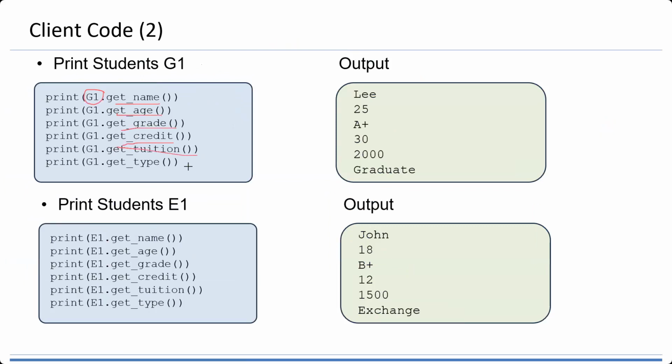When you want to know the information of the exchange student E1, you can call the object and then call the method. Okay, then you can get the output like this one. So let me check the Google Colab.